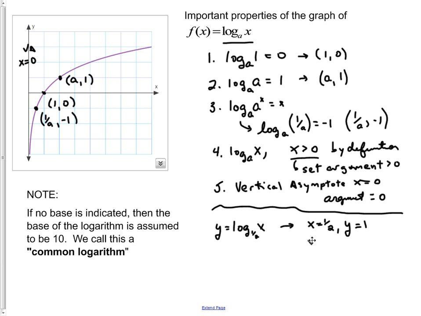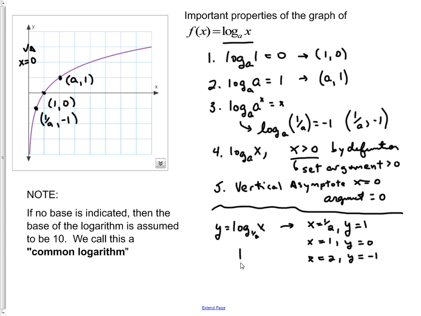We could say that when x is equal to 1, y would equal 0. And we could say that when x is equal to 2, y should equal negative 1. Why is that? Well, again, let's go to our property right here, 1 over a. So 1 over 2, its logarithm of 1/2 is negative 1. So let's see what happens.